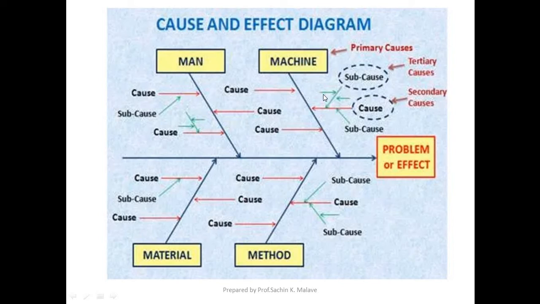And you analyze the situation, tackle it one by one, go on asking questions, go on verifying the various possibilities, and try to find out the root cause. And once you analyze this problem, you have to suggest the corrective action. That's how the cause and effect diagram works.